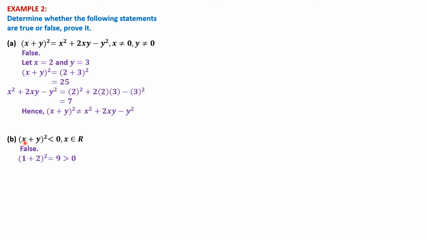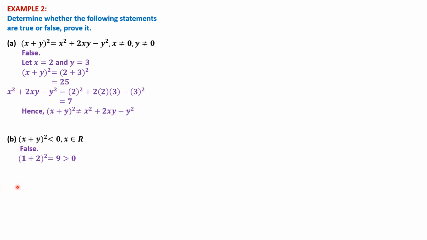Now we look at B. (x plus y) to the power of 2 is less than 0, and x is an element of R. This one is false.